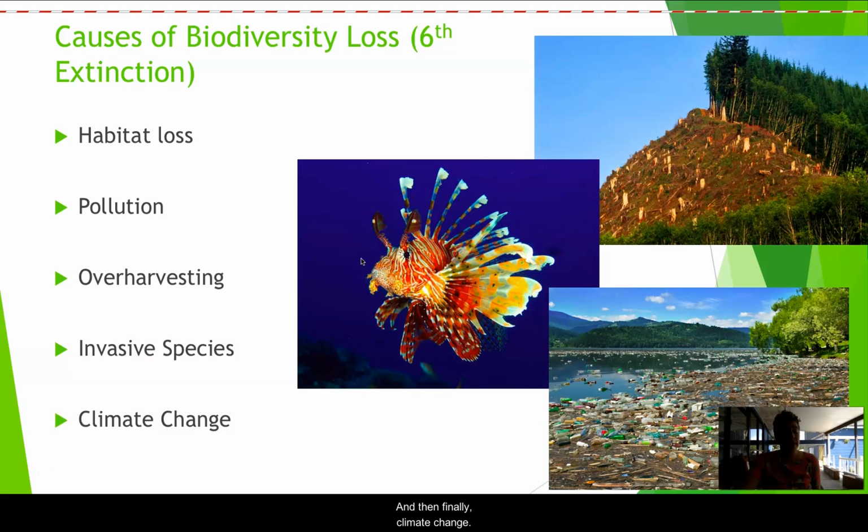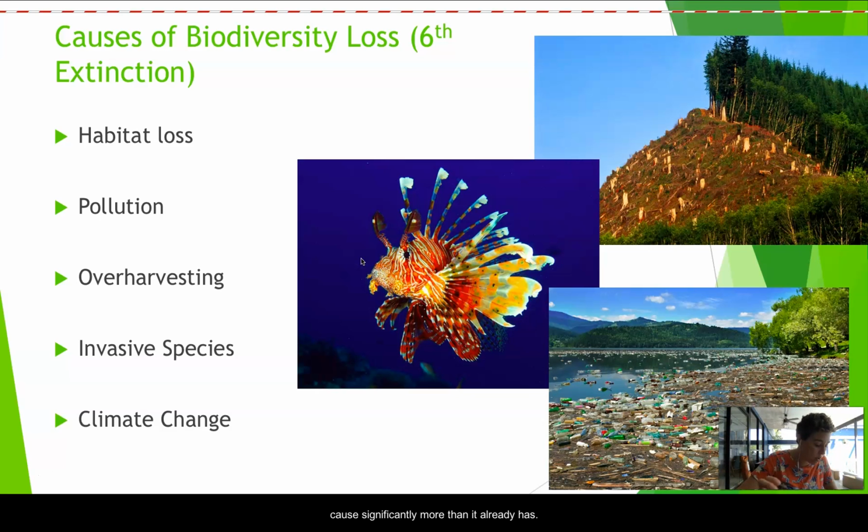And then finally, climate change. Climate change is one of the major causes of biodiversity loss. Although it's actually caused some biodiversity loss now, it's projected in the future to cause significantly more than it already has. A warming world means that different species will have trouble adapting to changes in temperature and changes in precipitation.